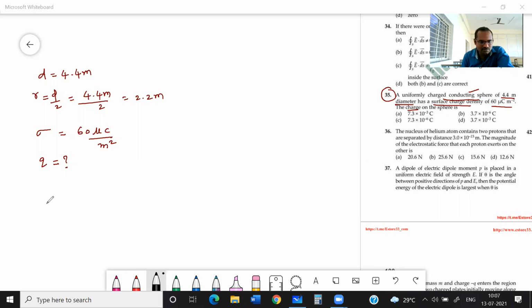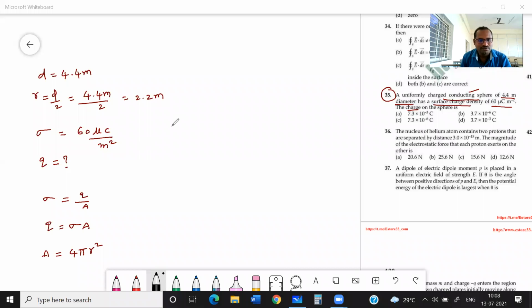How to find? We know sigma is equal to Q by A, then Q can be written as sigma into A. It is a sphere, so what will be the surface area of the sphere? As you know, 4 pi small r square. Clear?